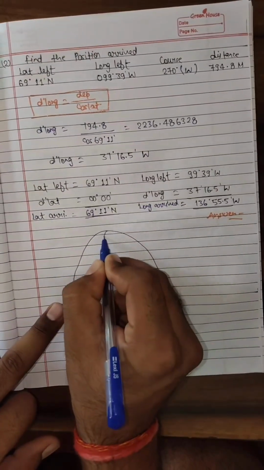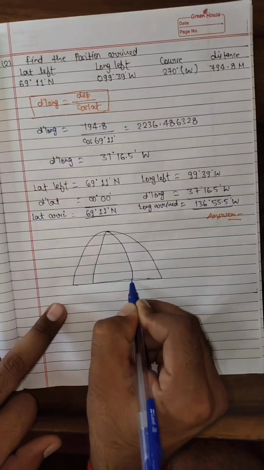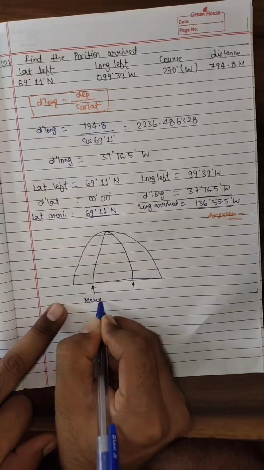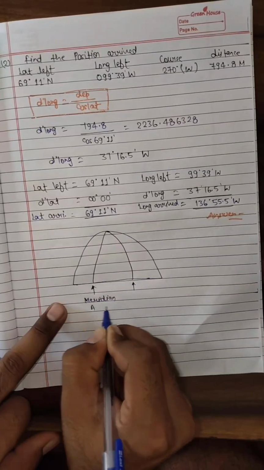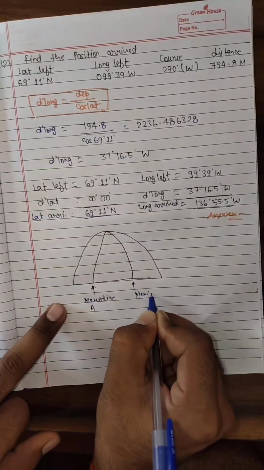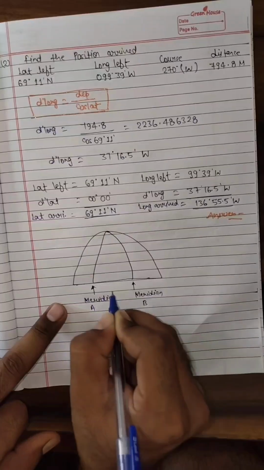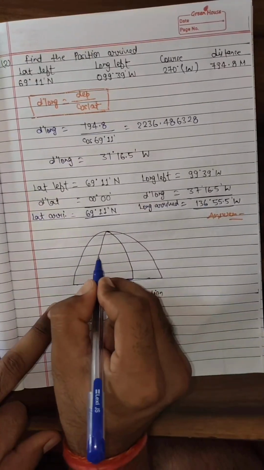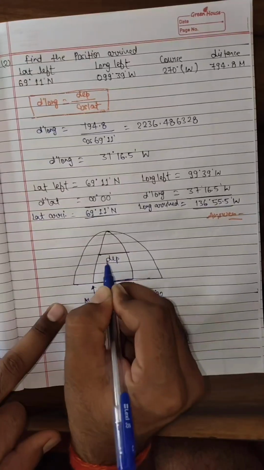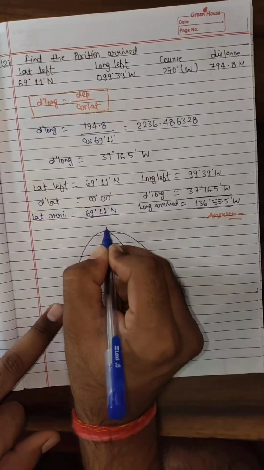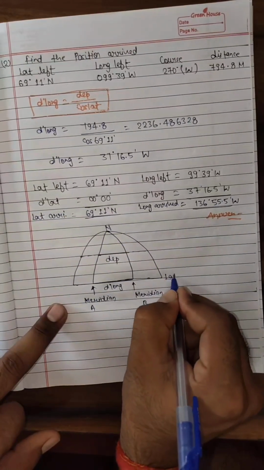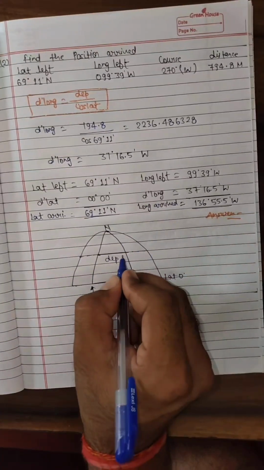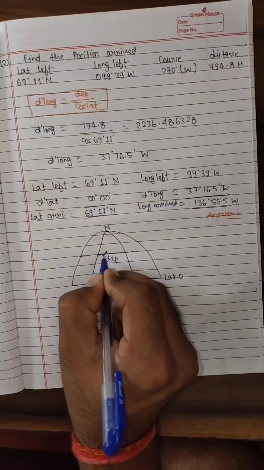Okay, this is your meridian of A, this one is your meridian of B, this one is your D long, this one is your departure. This is your northern hemisphere, that is your latitude 0 degree, and which direction is the departure going? Westward direction. So you have to make this arrow in this direction.